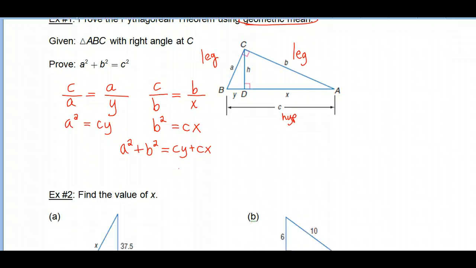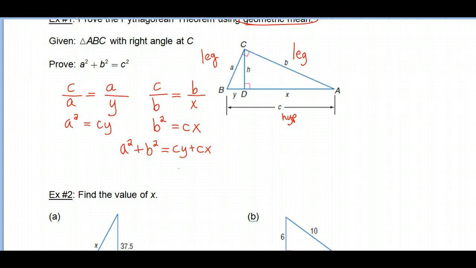When we look at this, A is a leg, C is the hypotenuse, Y is the segment adjacent to that. Wait, what triangle are we looking at for the whole? We always look at the big triangle. When I say a leg, I'm talking about a leg of the big right triangle. Oh, I thought you were talking about that small piece.